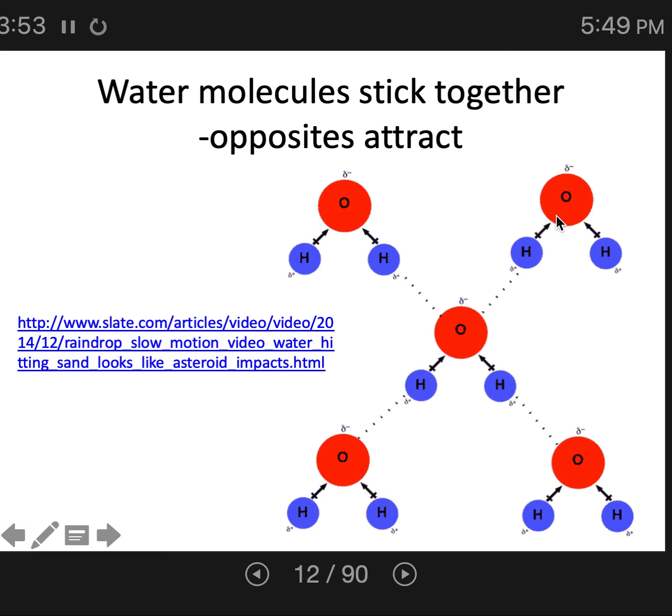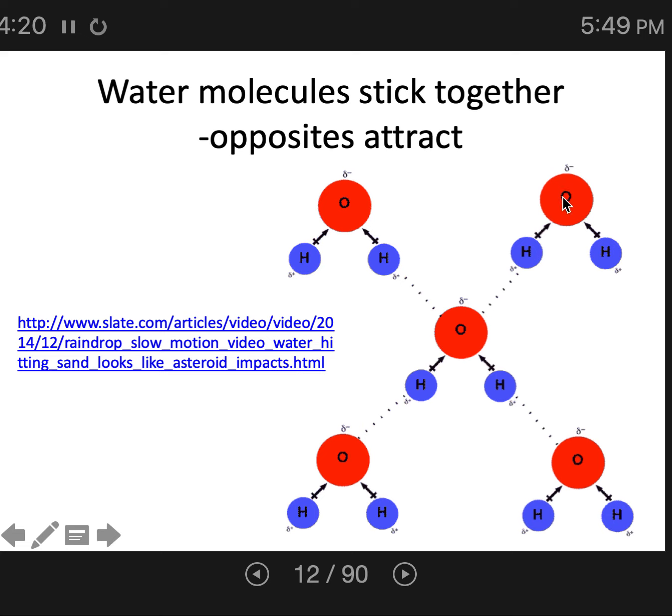So when oxygen and hydrogen are sharing electrons with each other, they're not shared equally. These electrons are spending more time around this oxygen than around the hydrogen. So it is shared, but a disproportionate amount of time is spent around the oxygen. Now electrons are negatively charged, so that means that these negatively charged electrons are swirling around this oxygen more often.